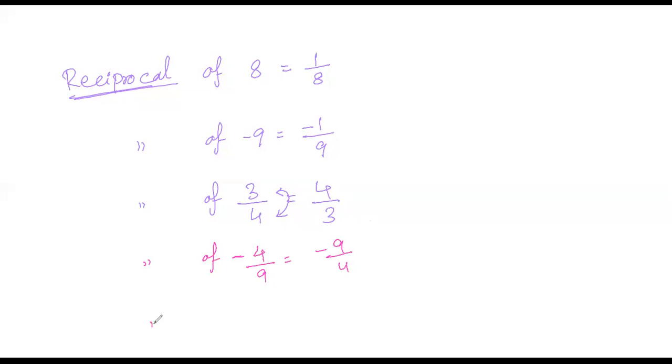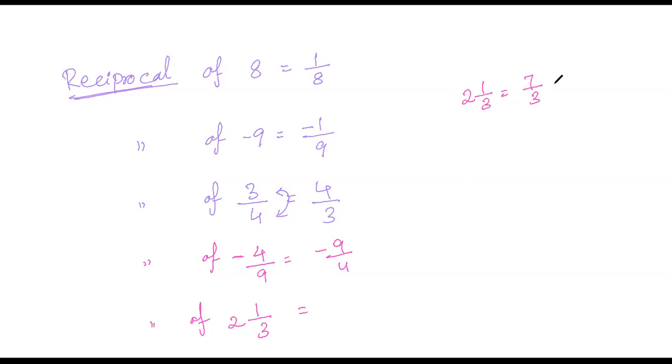And what if we have a mixed fraction? You might have a question. For example, 2 1 over 3. Are we going to change it directly like 3 by 1? We are not supposed to. The reason is that it is a mixed fraction. So we are going to convert that into an improper fraction, which is 7 by 3.